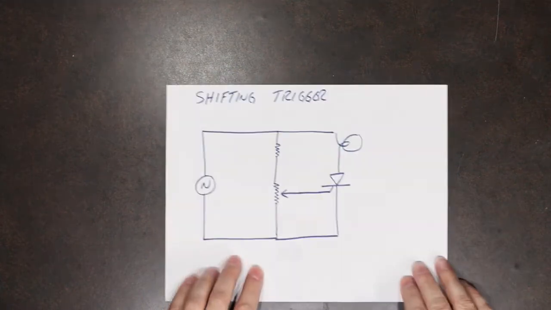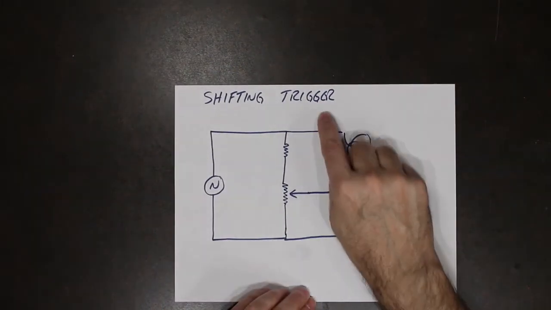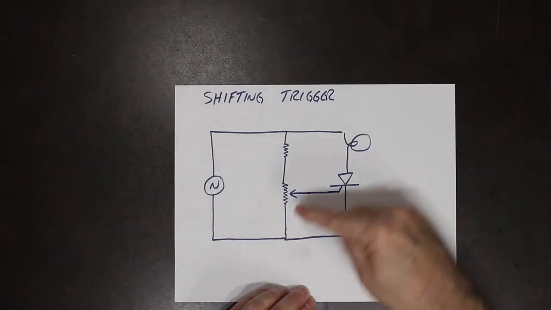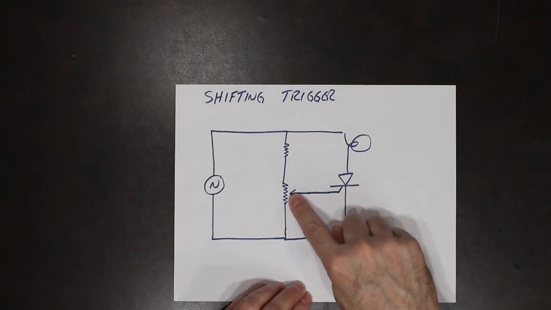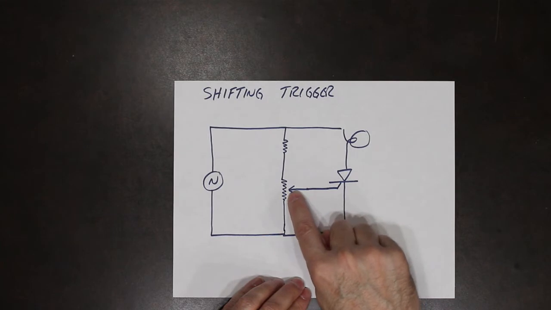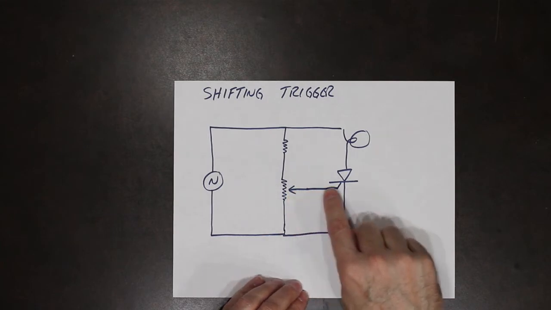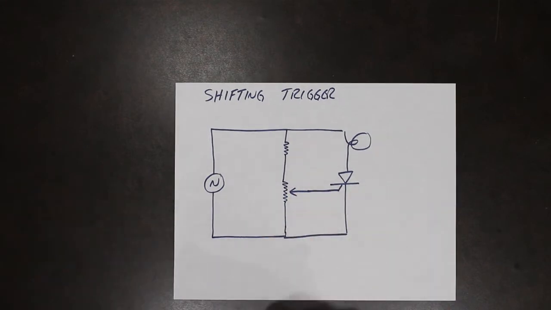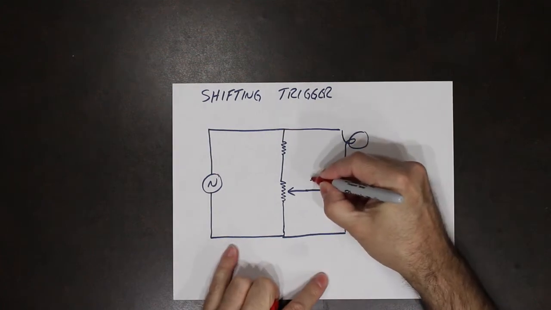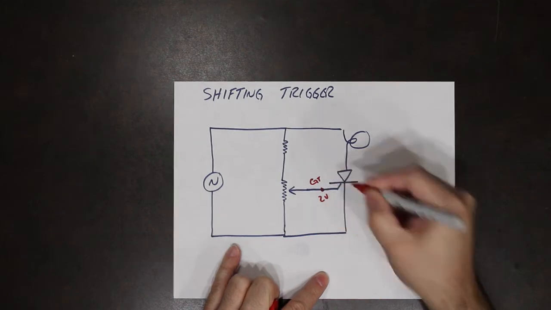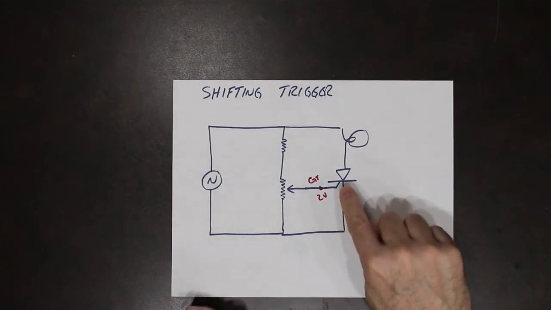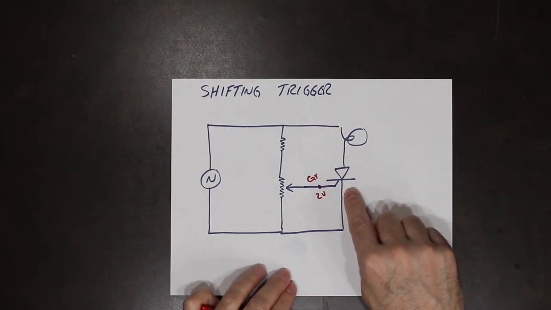In lab number 5, we looked at the shifting point trigger circuit, where we introduced a potentiometer. And what that did was, if we had a voltage here, example, a gate trigger voltage at 2 volts. So again, the 2 volts is when this device would turn on.